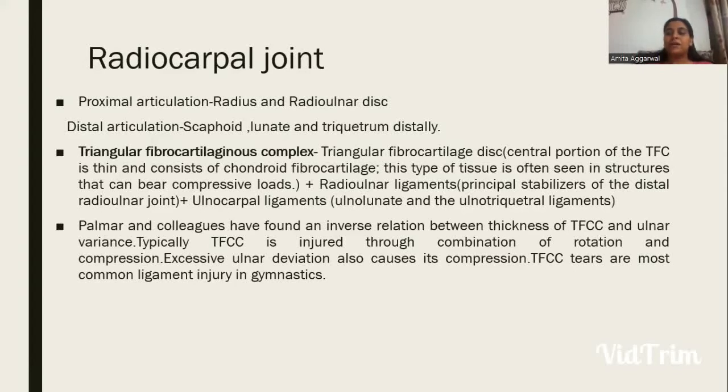If the ulnar variance is positive, which means the relative length of the ulna is higher compared to the radius, it generally happens after a fracture of the distal end of the radius, such as after a Colles fracture. In such cases, there will be a relative thinning of the TFCC, that is the triangular fibrocartilaginous complex. And if it is comparatively thin, it has more chances of getting injured.